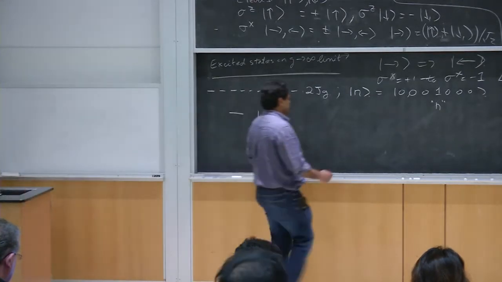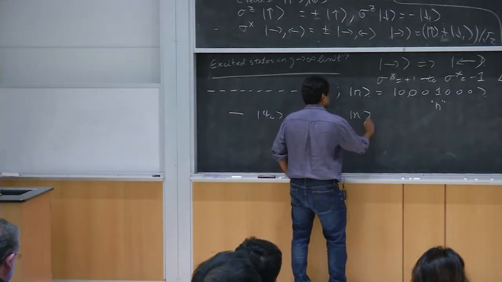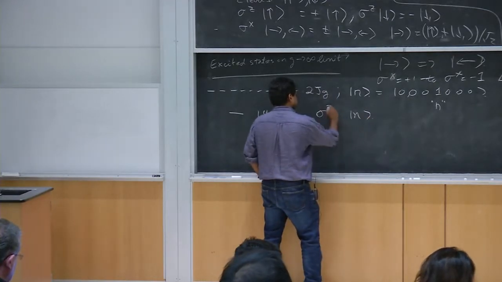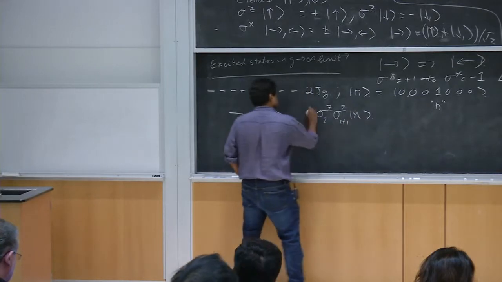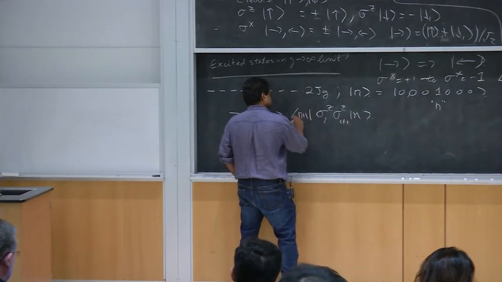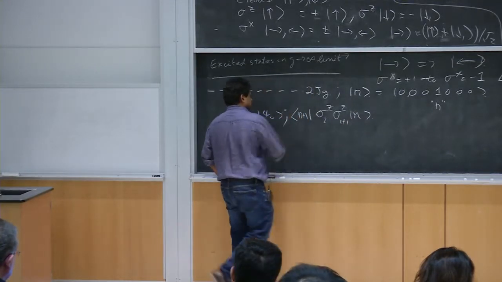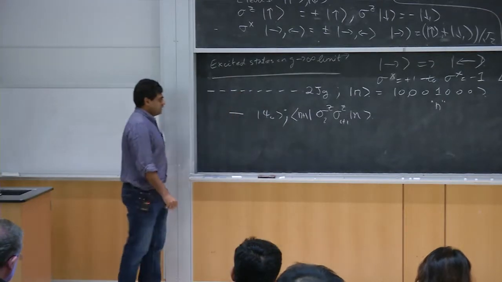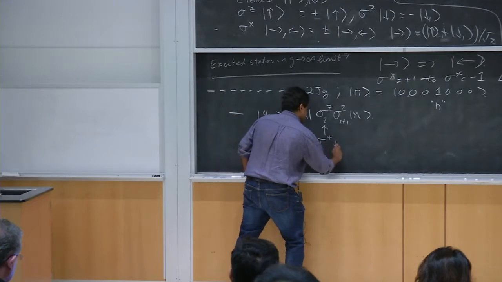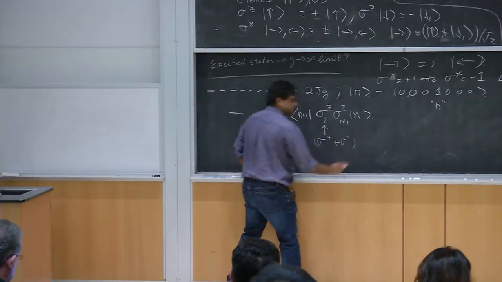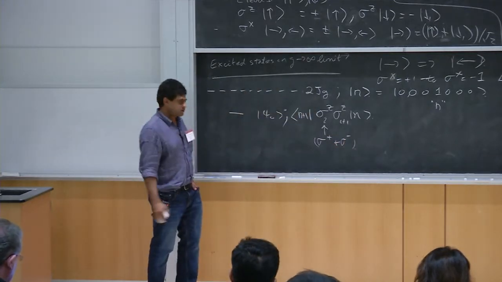So if I take a state n and I take the operator sigma z, and for example look at the overlap with a neighboring site, you can think of these sigma z operators as sigma plus and sigma minus in the sigma x basis.